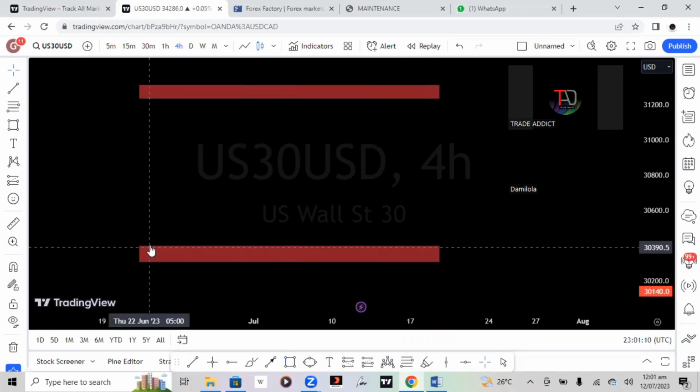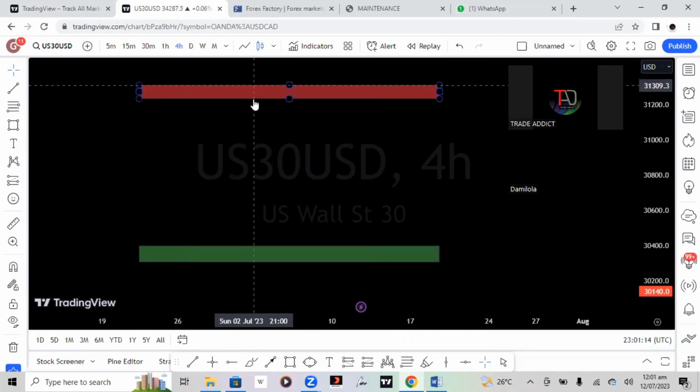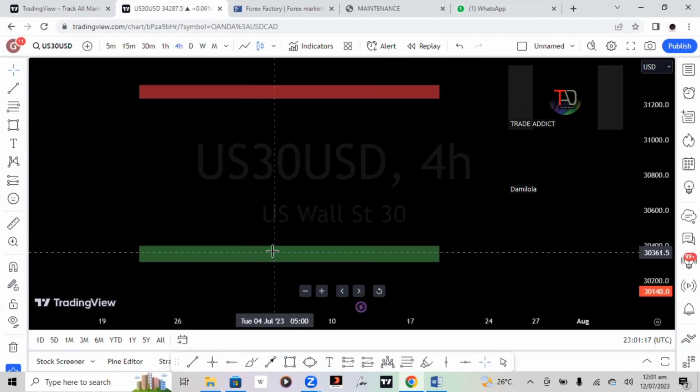So this level is known to be what? Our demand, while this level is known to be our what? Our supply.